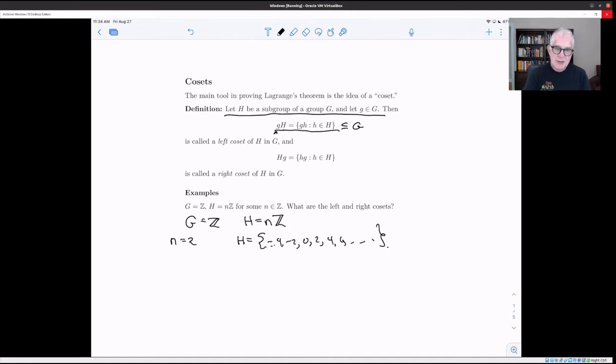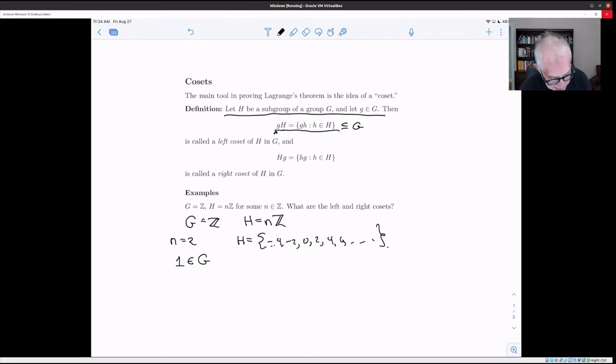To make a coset, we have to pick an element of G, which is the integers. And we have to think about what happens if we take that element and we combine it with elements of H. So suppose we pick the element 1. That's a perfectly good element in G. And so normally here I've written the cosets multiplicatively, but because we tend to write the group law for the integers additively, I'm going to use additive notation.